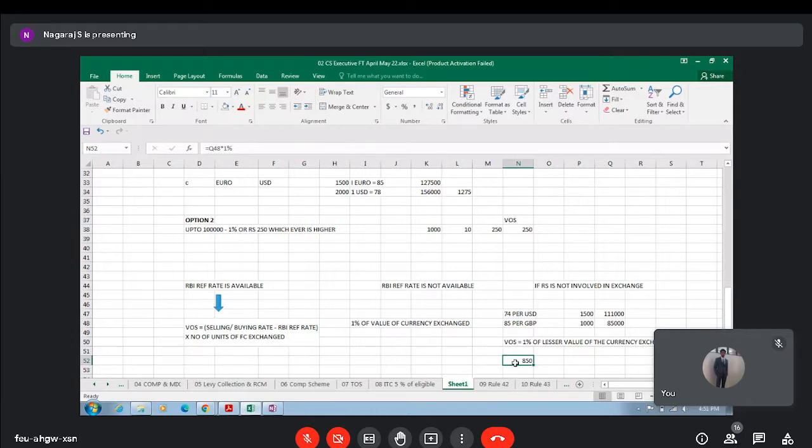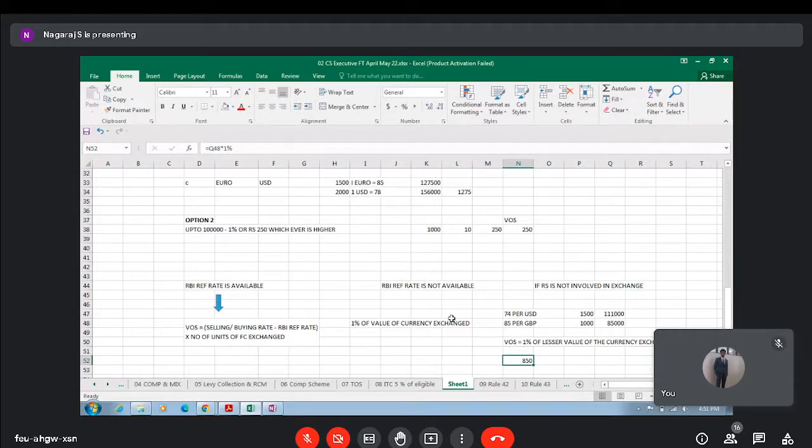First, you need to understand whether RBI reference rate is available for that transaction. If yes, you have to apply this formula. If RBI reference rate is not available at all, and you are exchanging the dollar or any foreign currency, whatever the amount you receive or pay, of that 1%.